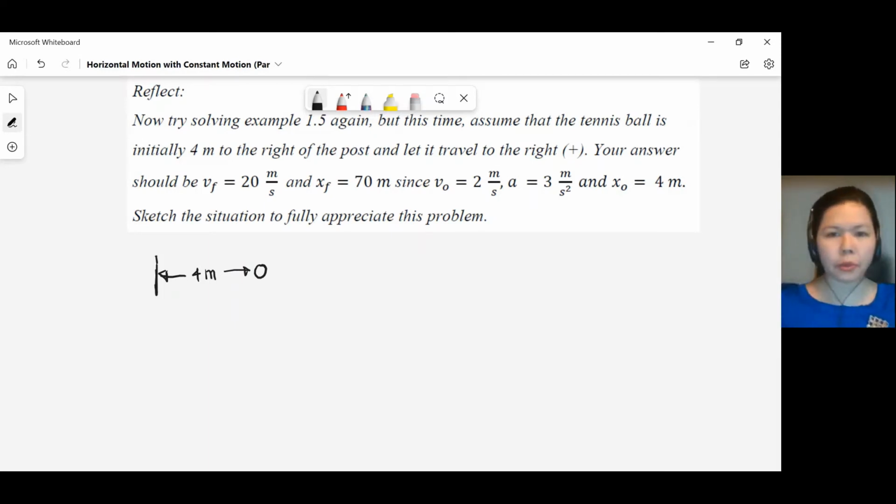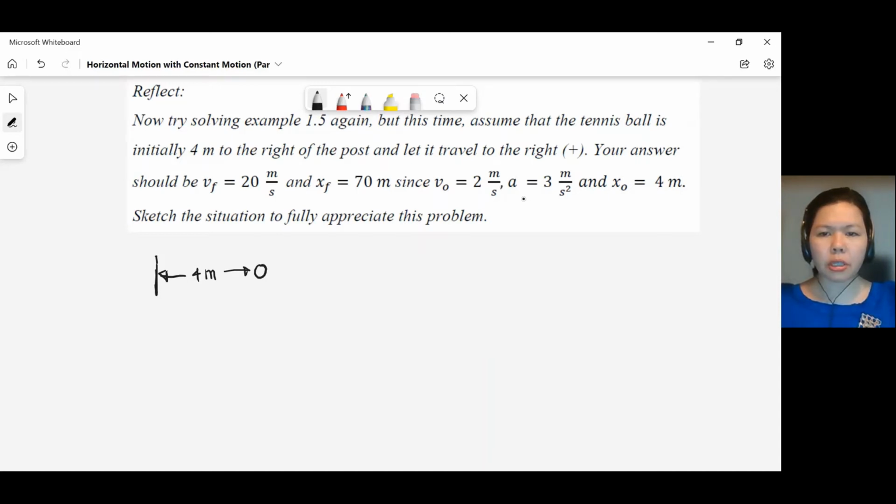To the right of the post. So this time our V initial is positive 2 meters per second, because our tennis ball is traveling to the right. And in our sign convention, to the right is plus x-axis.